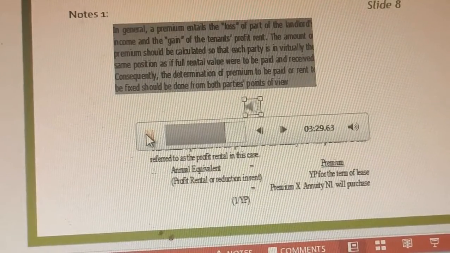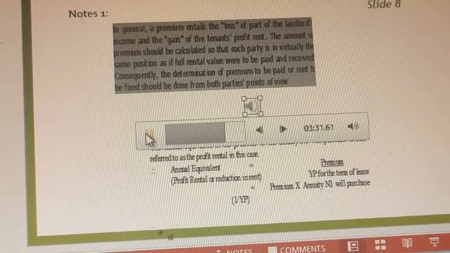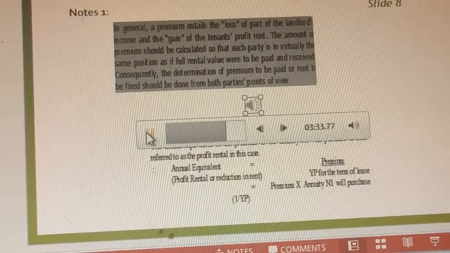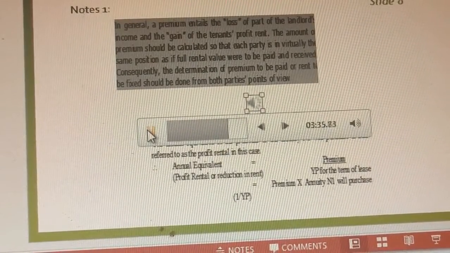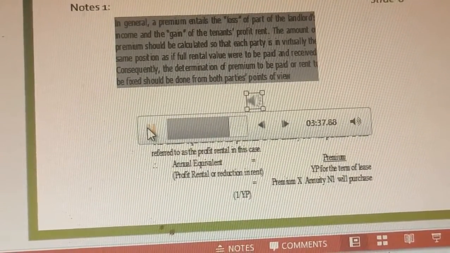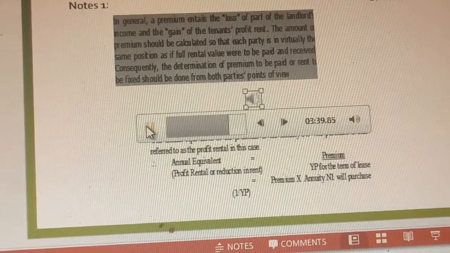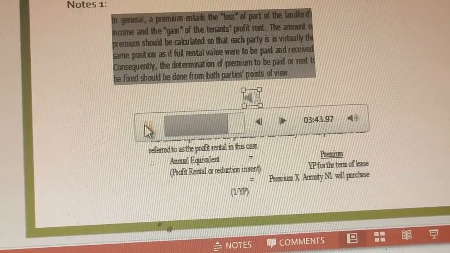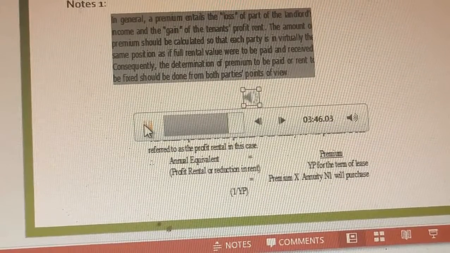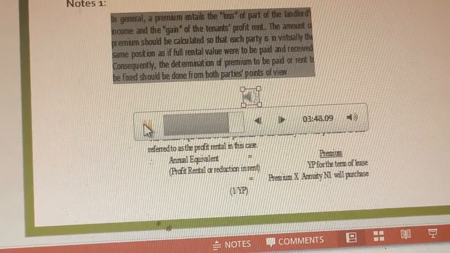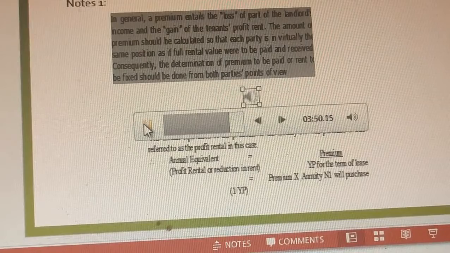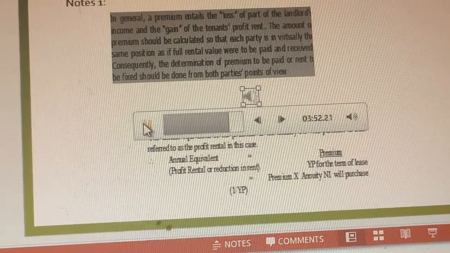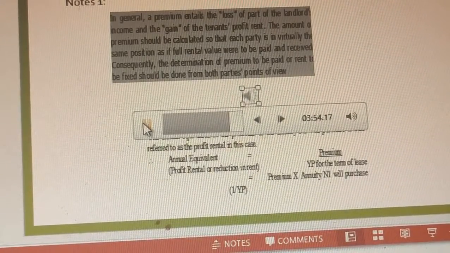Now, annual equivalent is calculated as premium over YP, and for the term of lease or for the unexpired term, depending on when it was taken. If the premium was paid at the beginning of the lease, it will be YP for the entire term. If it was taken during the lease, it will be YP for the unexpired term.